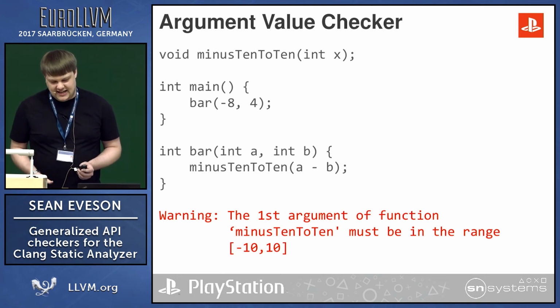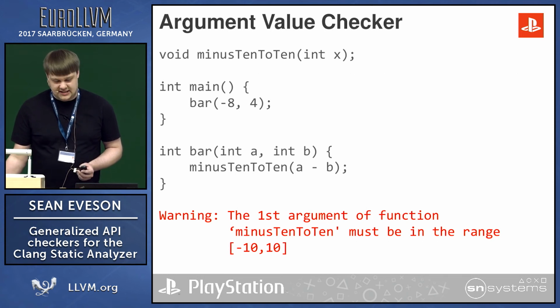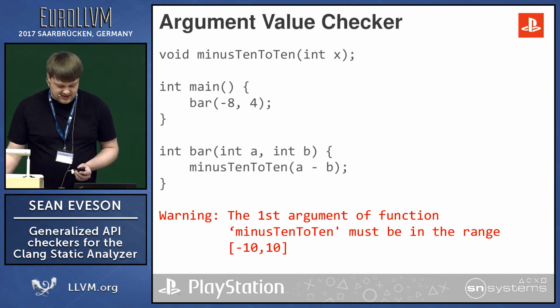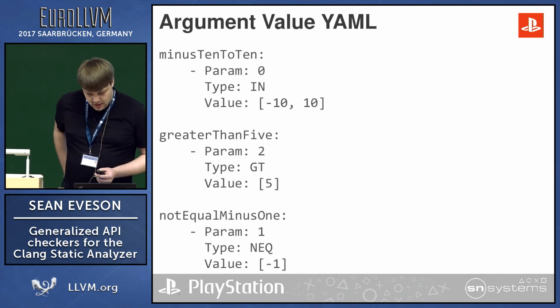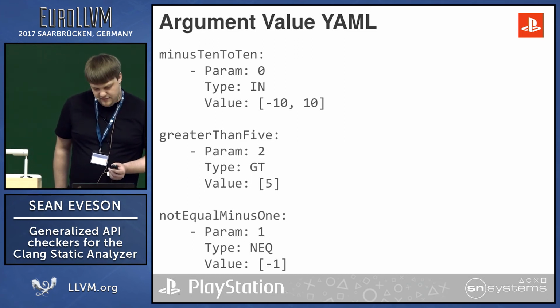The benefit of the static analysis framework here is this might not be obvious, it might be a very complicated path through your code, and you might not even hit it when you're normally running, but in some strange edge case. And here's the YAML data we feed into that checker to make it run. You need information on what parameters and their restrictions.